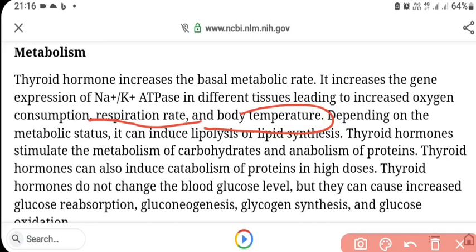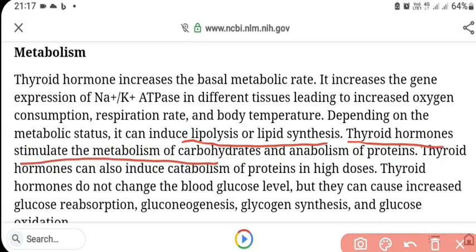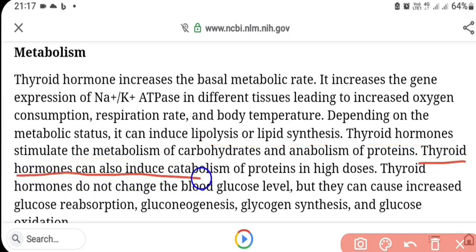Depending upon the metabolic status, it can induce lipolysis or lipid synthesis. Thyroid hormones stimulate the metabolism of carbohydrates and anabolism of proteins, and can also induce catabolism of proteins in high doses.